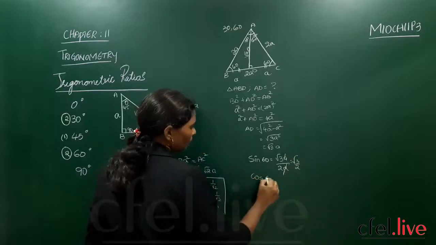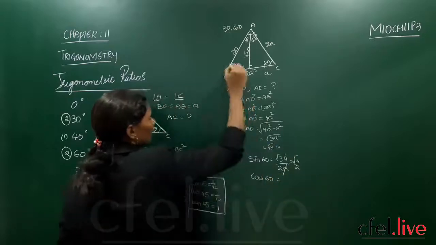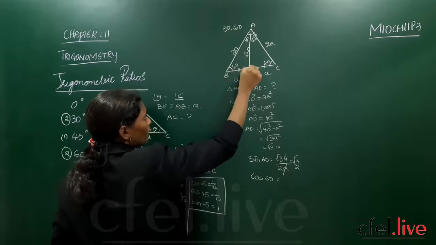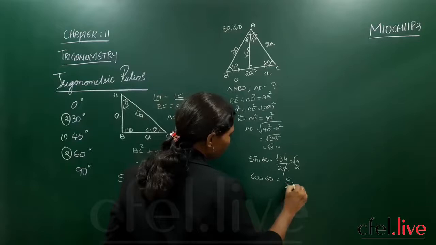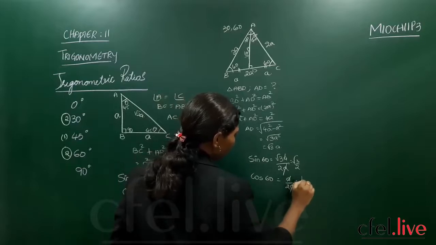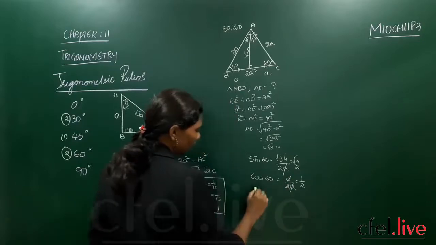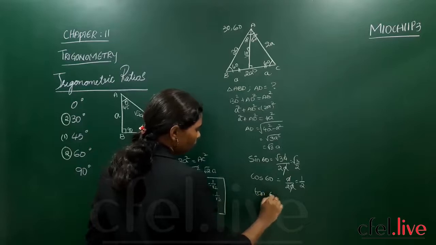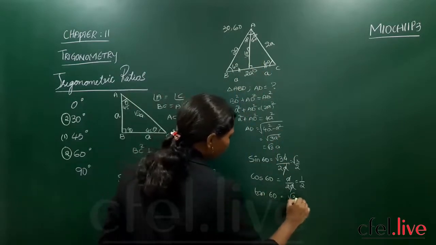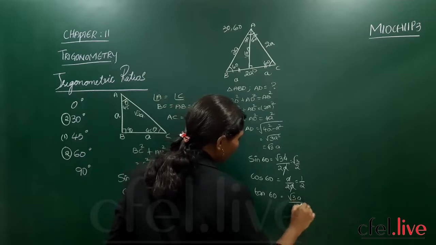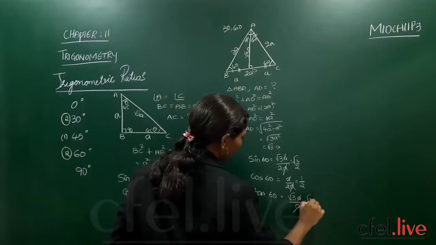Now cos 60. Again you are standing here, only BD you have to take. A by 2A, A got cancelled, 1 by 2 you got. Next, tan 60, opposite by adjacent. So root 3A by A, A got cancelled, root 3.